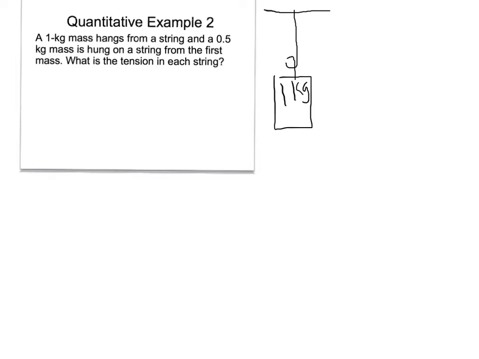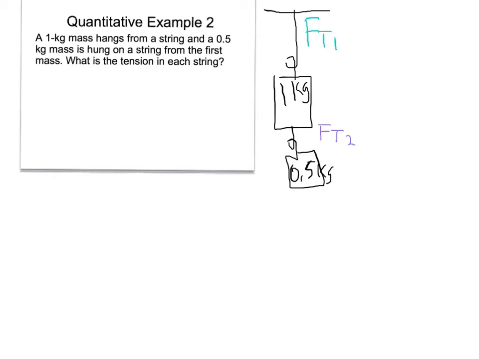Then, I have another string, and a 0.5 kilogram mass. And the question asks me to find the tension in each string. So the tension here, let's call that Ft1 for the first string, and the tension here, let's call it Ft2 for the second string.